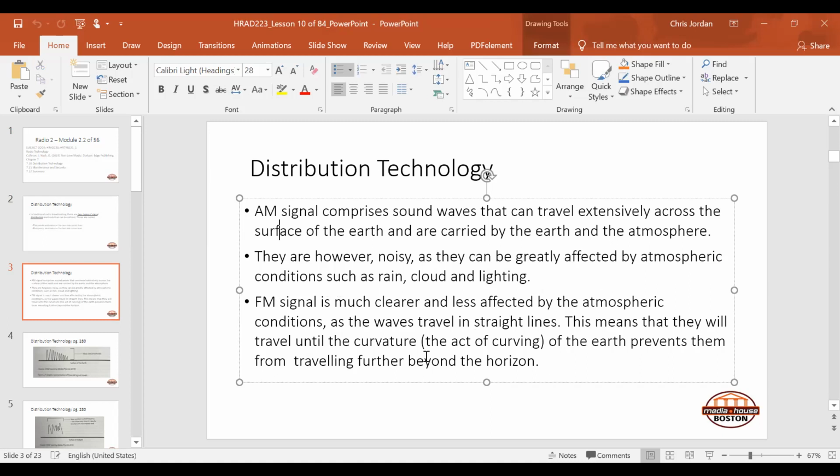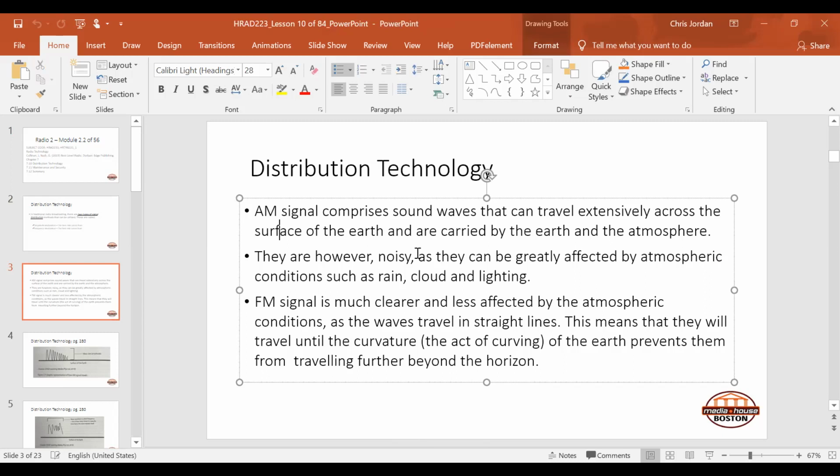FM frequencies are much clearer. As we know with our own landscape, an FM signal is much clearer and less affected by atmospheric conditions, as the waves now travel in straight lines. This means they travel until the curvature, the act of curving, so we have those little ups and downs you'll see in the graphs.